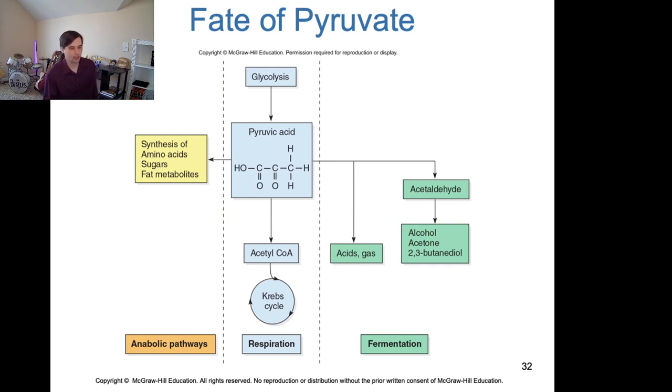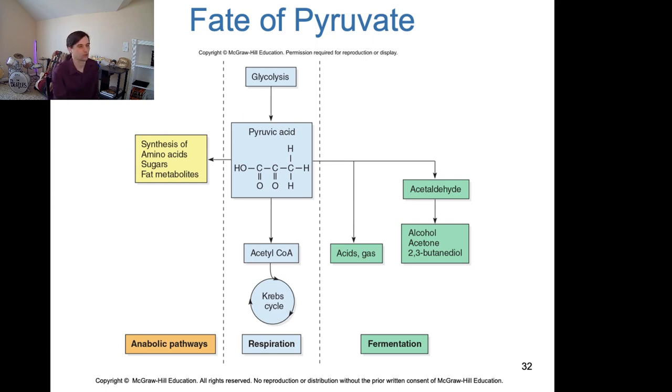It's either going to end up in an anabolic pathway, where it's sent to make amino acids, sugars, things like that, or it's going to end up in the fermentation pathways, for yeast making alcohols, or bacteria making acids and gases. So pyruvate does different things depending on which method of making energy the particular organism employs.